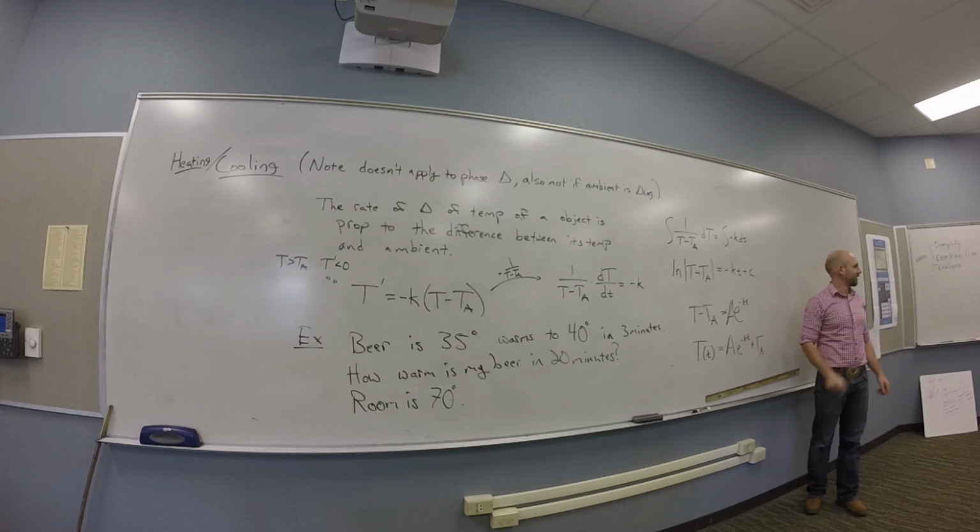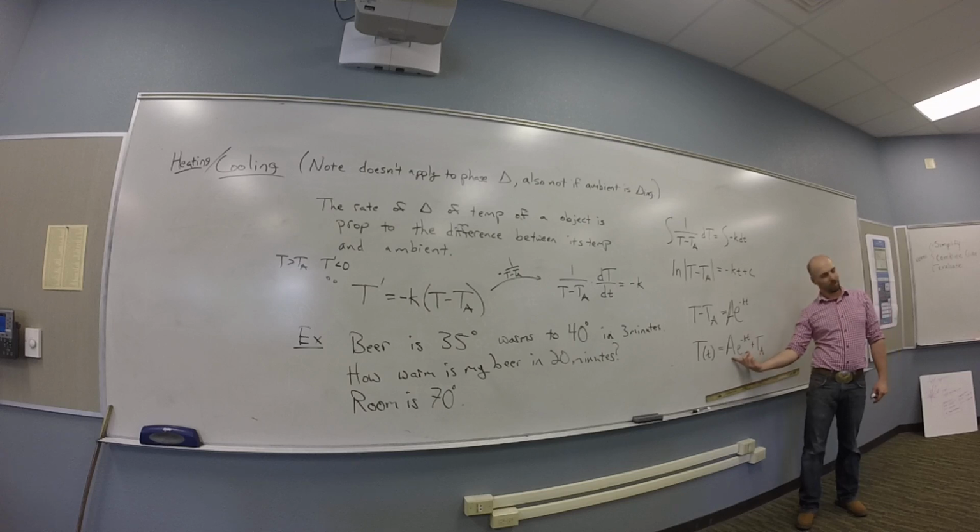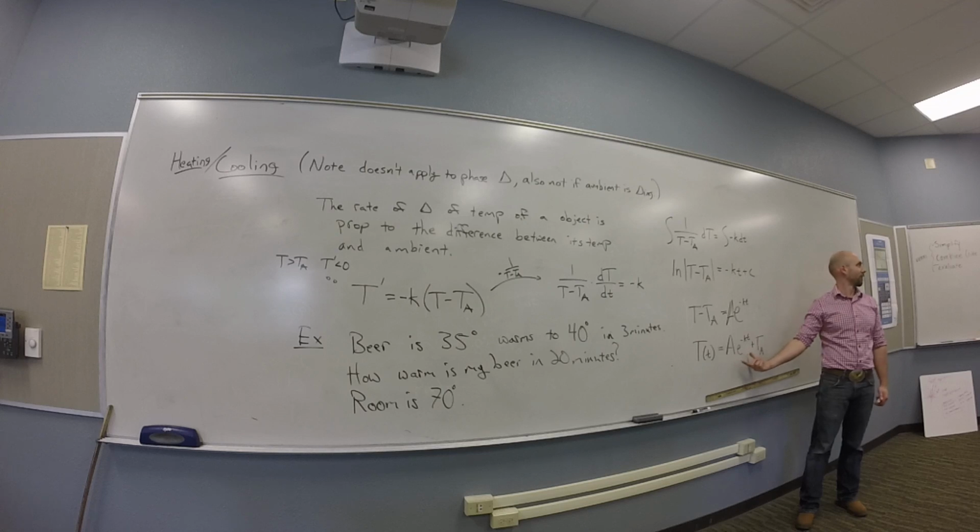Does that make sense? When we think about what this is, it's some kind of exponential decaying function towards the ambient temperature. Is that what I think beer does? Yeah, probably.